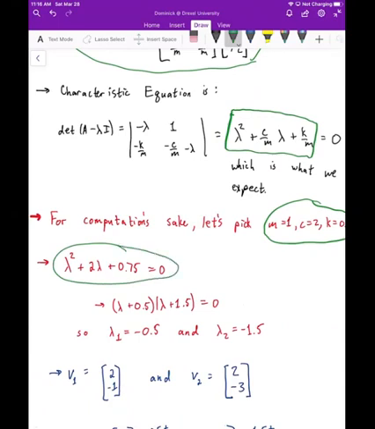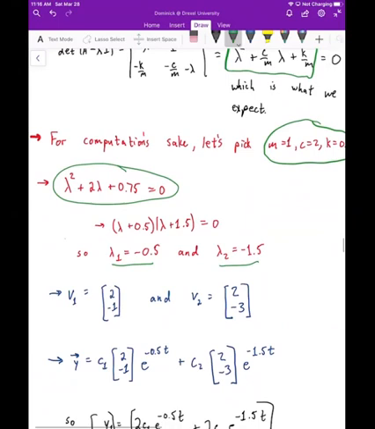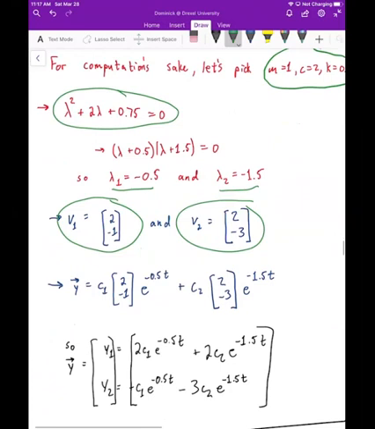So we can factor that as lambda plus 0.5 times lambda plus 1.5 is equal to 0, which gives us these two eigenvalues. All right, so you can go through and verify that these are the corresponding eigenvectors. So for v1, you get 2, -1, and v2, you get 2, -3. So then this is our general solution here.